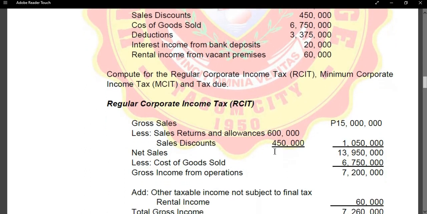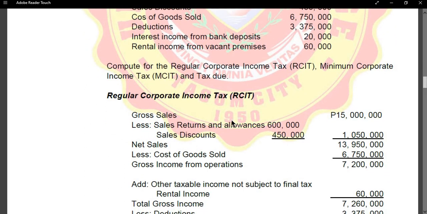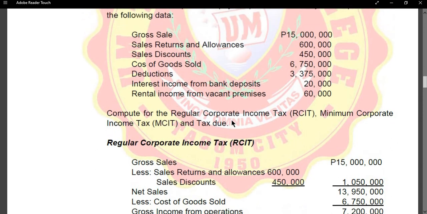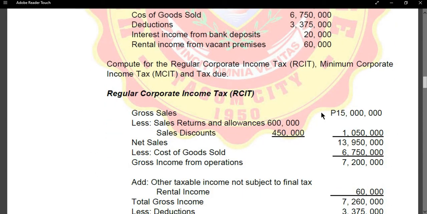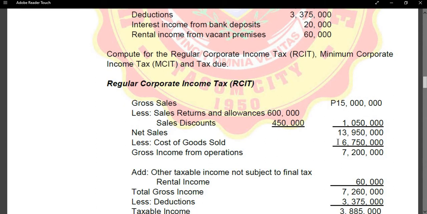So the regular corporate income tax or RCIT is as follows. Gross sales, 15 million, less returns, allowances, and discounts. That gives you net sales of 13,950,000 pesos, less cost of goods sold of 6,750,000 pesos. You have a gross income from operation of 7,400,000.